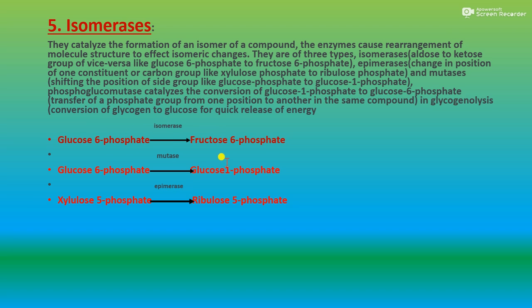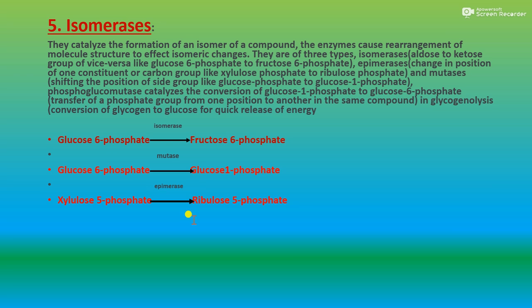Another type is the epimerases. These change the position of one constituent or carbon group, like xylulose phosphate to ribulose phosphate.